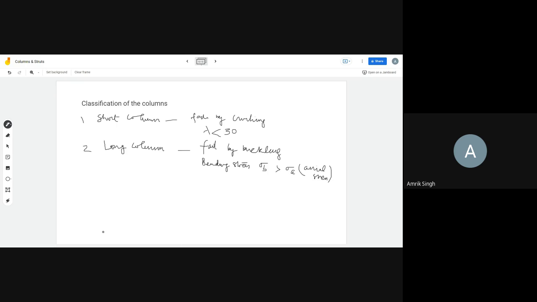Okay. And slenderness ratio should normally be more than 80, 80 to 100.